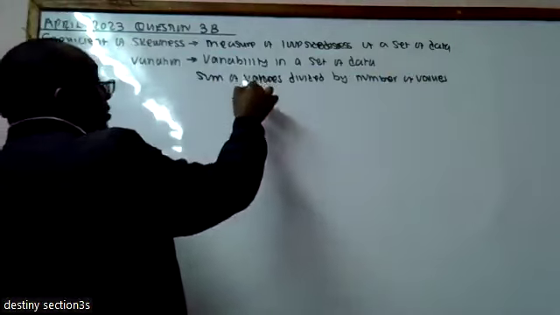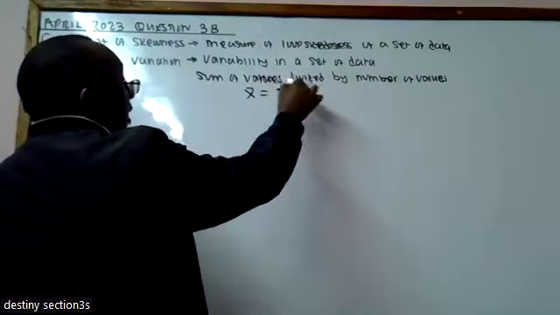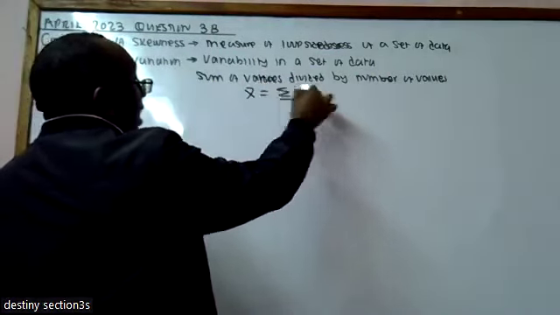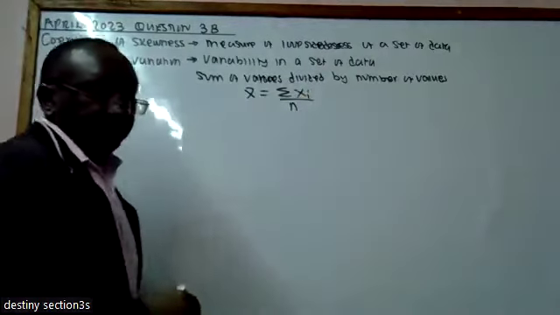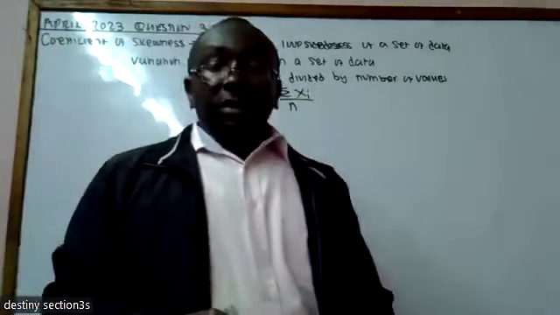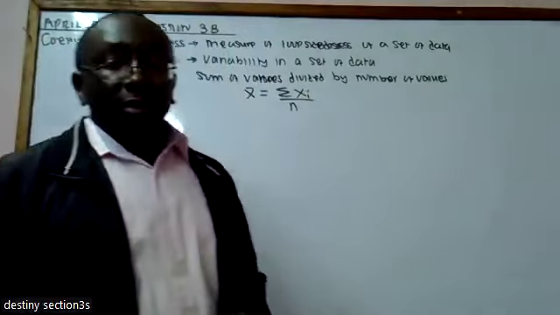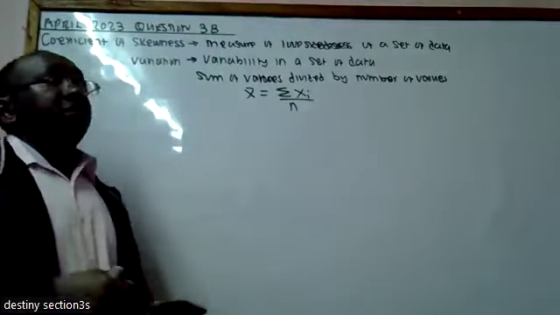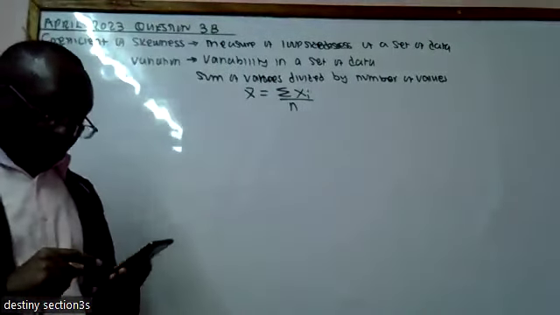You can even give the formula that x bar is the sum of xi divided by n. So the sum of the values is divided by the number of those values.